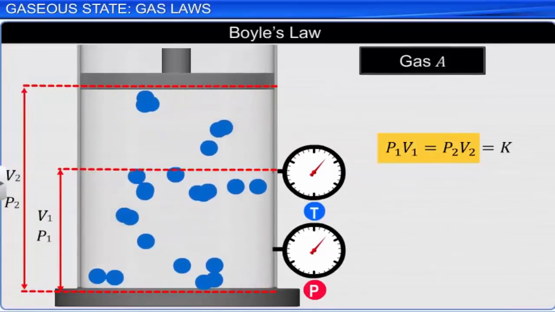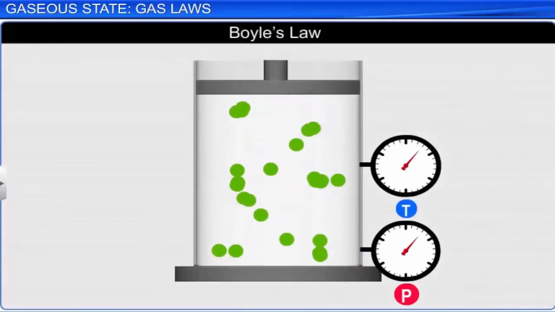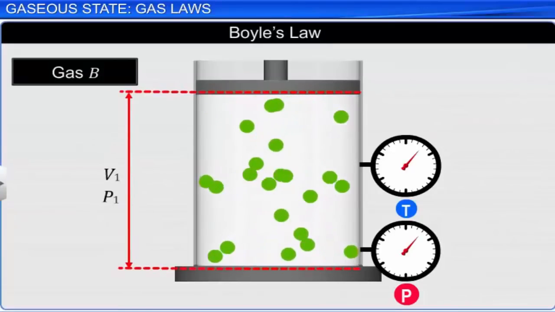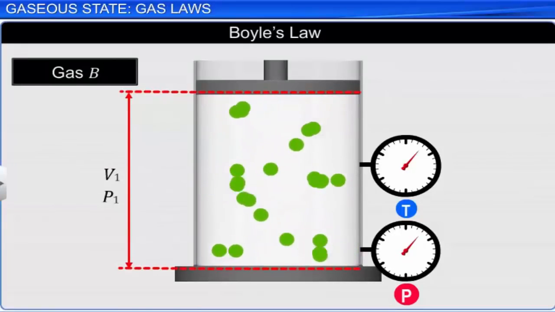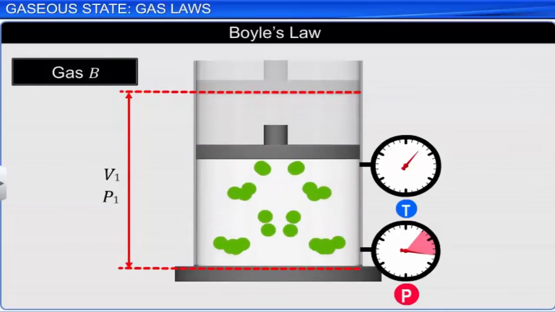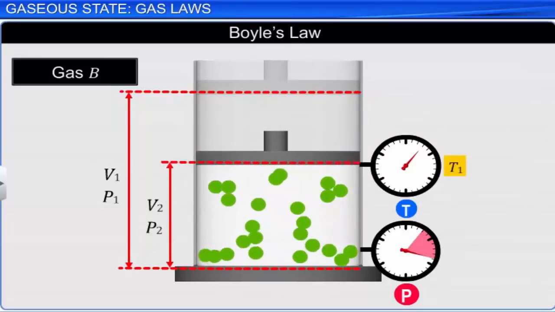Now consider N moles of gas B at pressure P1 and volume V1. Let us now slowly increase the pressure, keeping the temperature constant at T1. We observe that volume of gas decreases as the pressure increases.